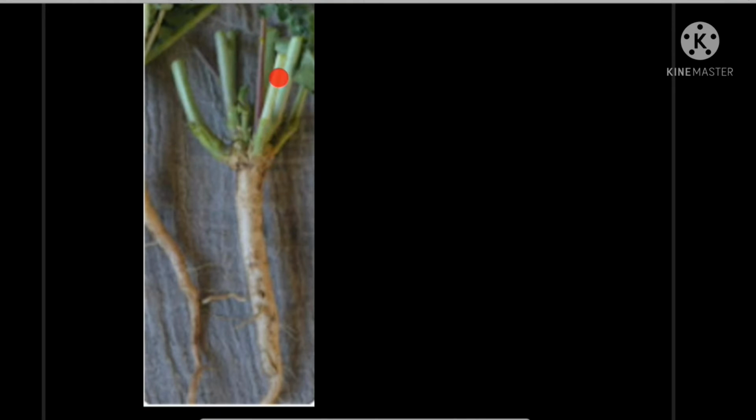Here we can see the mustard plant roots. So there is a tap root here, there's a primary root, and from the primary root arise the lateral fine branches. So this kind of root system is called taproot system. And the taproot is arising from the radicle part.